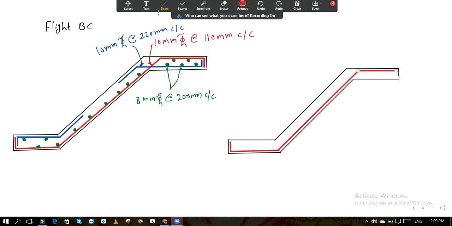Okay, and then from here it will move down like this. Okay, so there is a gap. That gap is the clear cover which we left.